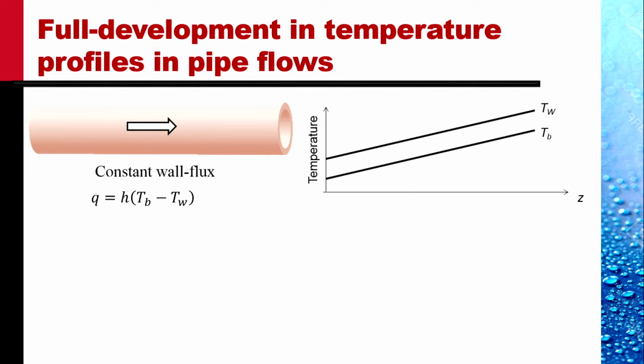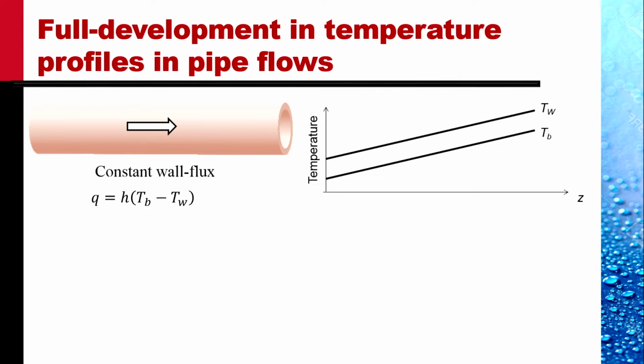Now the temperature cannot be constant since the heat flux is moving continuously into the wall. Then the temperature of the fluid, the bulk temperature of the fluid, must be increasing linearly.